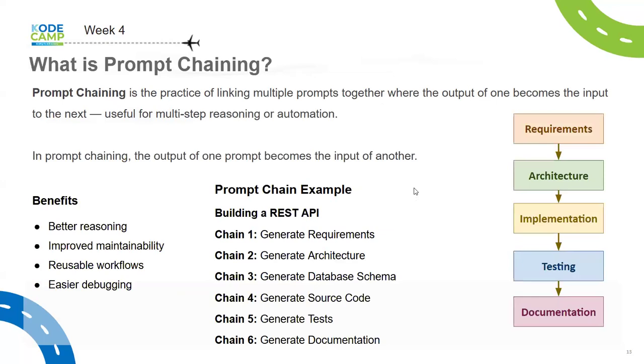But prompt chaining is not the same thing as just having five different prompts and running them one at a time. If I took one large prompt, split it into five smaller chunks and ran those one at a time, that's not really what makes it a chain.